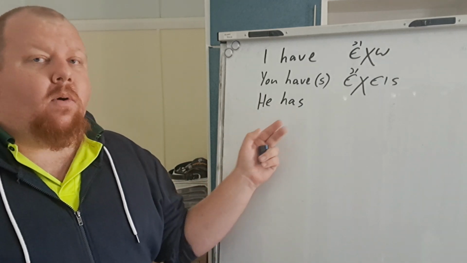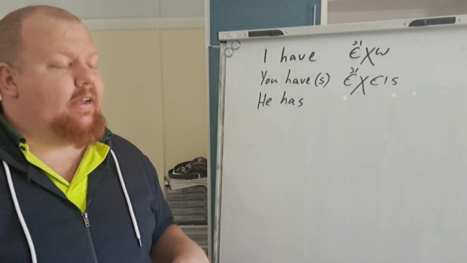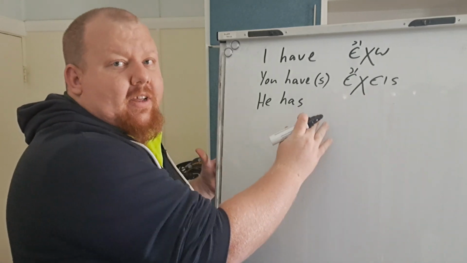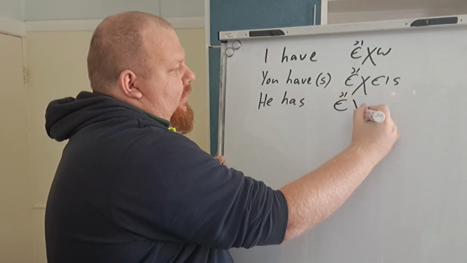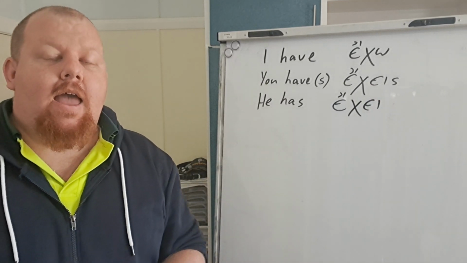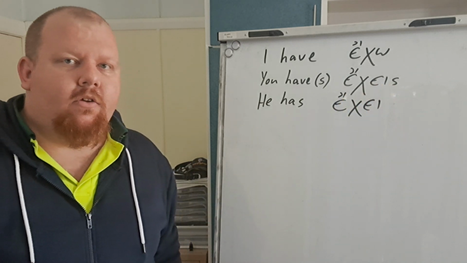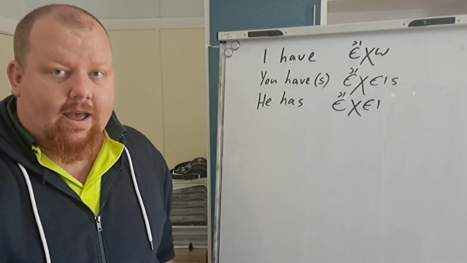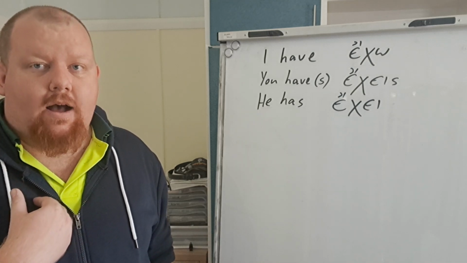Okay, so the point is that it's a third person, but it all uses one form in Greek. Now it's almost exactly the same as echis. Echi. So the difference is the sigma. So echis, you have. Echi, he has. Echo, I have.